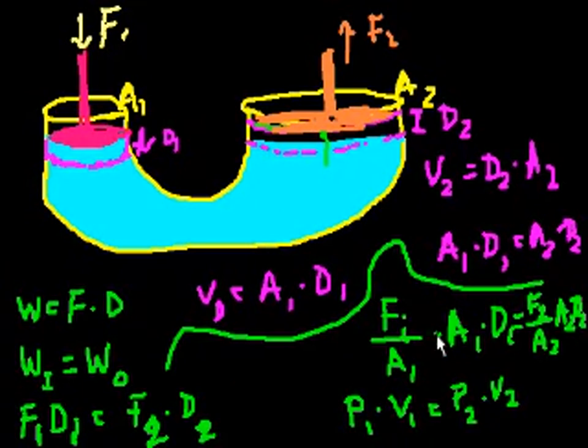But what do we know about these two volumes? I went over it probably redundantly in the previous video: those two volumes are equal. V1 is equal to V2. So we could just divide both sides by that, and you get the pressure input is equal to the pressure output. So P1 is equal to P2.